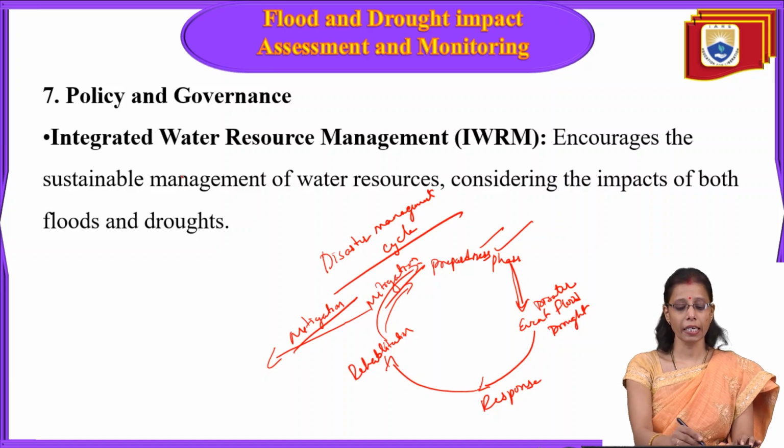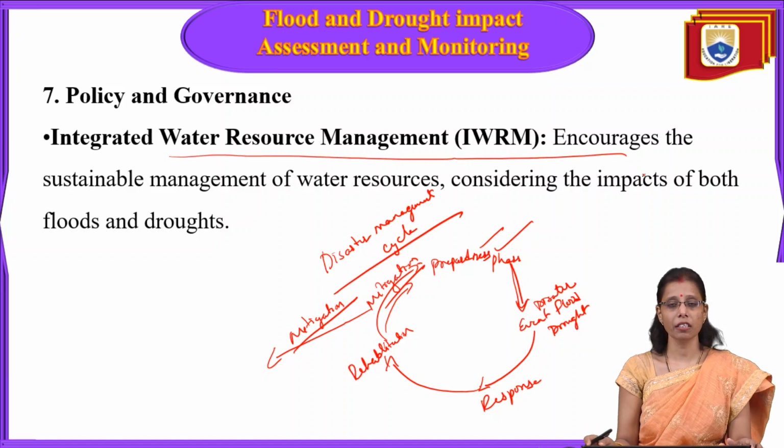So integrated water resource management by the government encourages sustainable management of water resources and considers the impacts of both floods and drought whenever such conditions are going to occur.